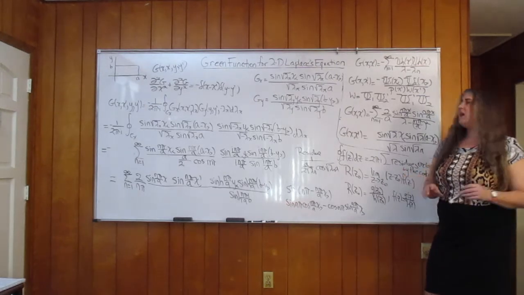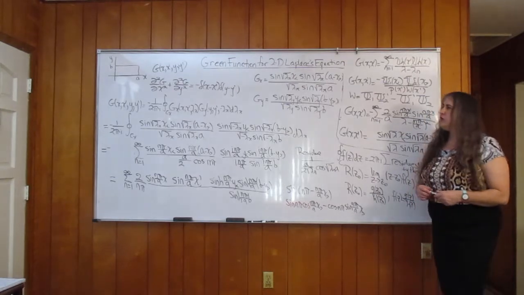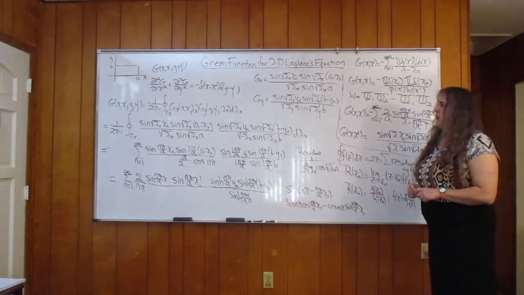Now, last but not least, I want to derive the Green's function when it was a double summation.